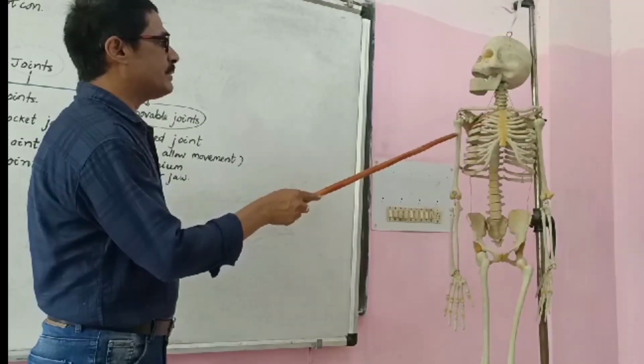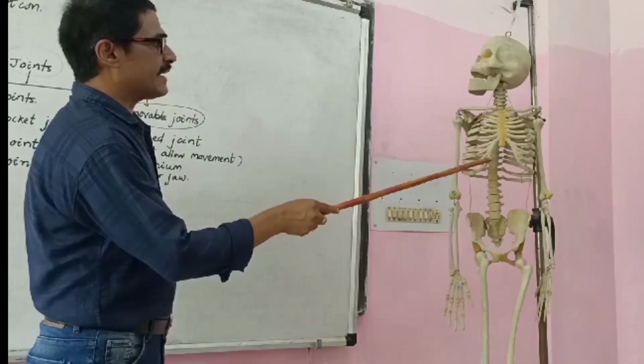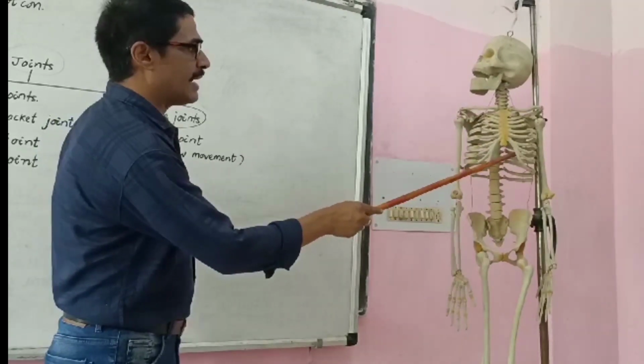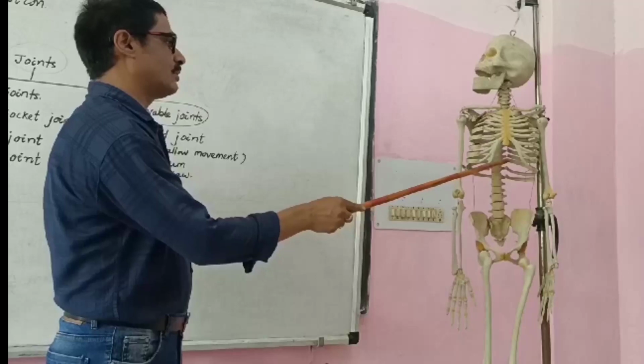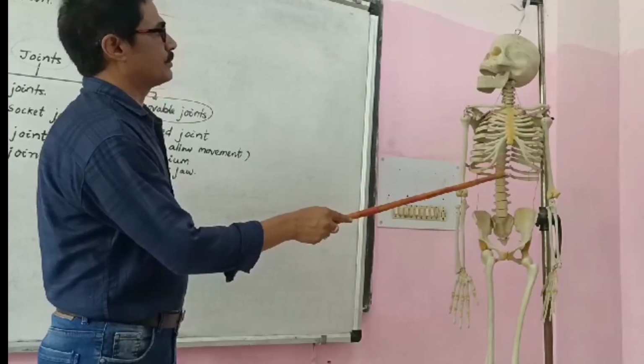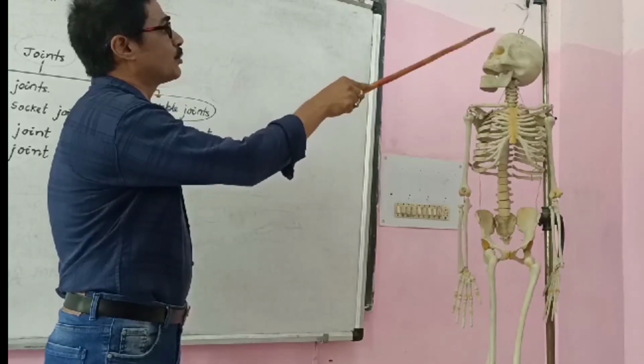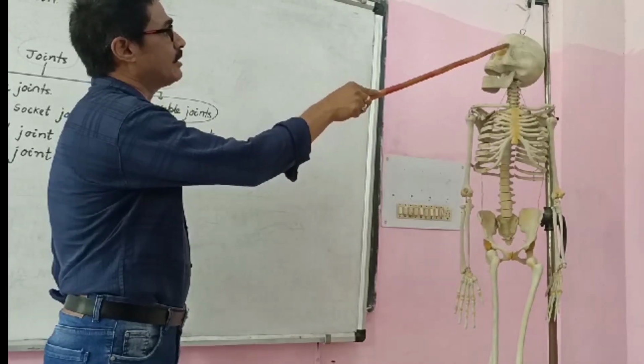The bones are curiously bent. It protects the internal organs like the heart, liver, and the lungs. Similarly, the skull protects an important organ that is called the brain.